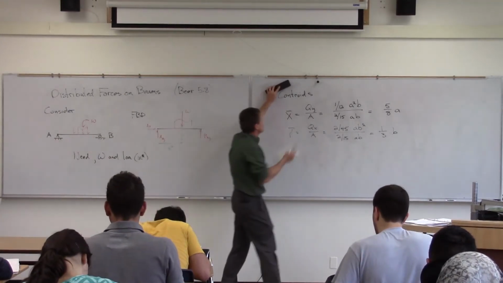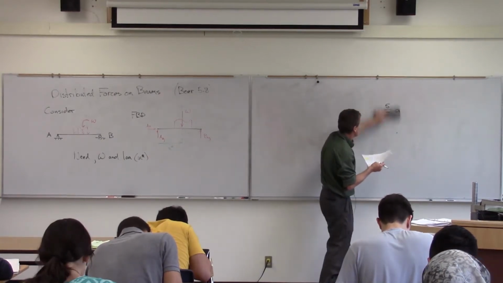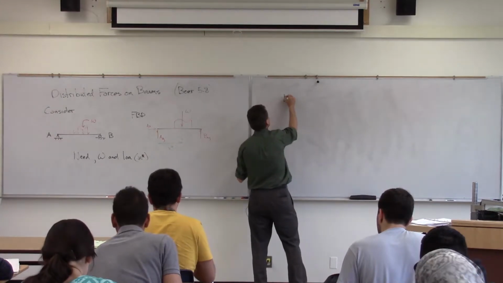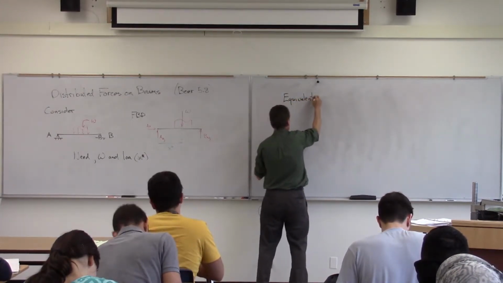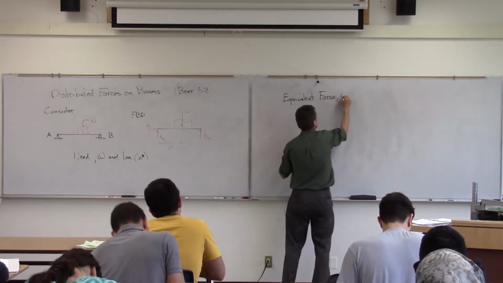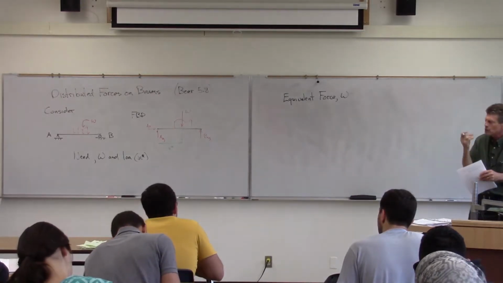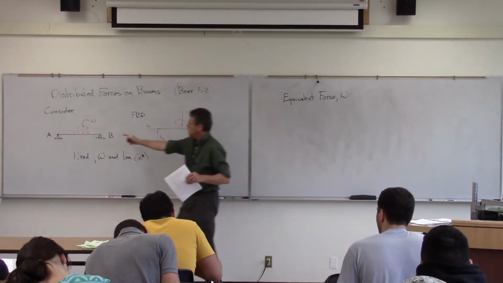So what we can do with the process that we went through here in terms of finding centroids is create this equivalent force. Now note, I'm calling it an equivalent force. It's not the force that's really acting on the beam. The force that's acting on the beam is this squiggly thing.